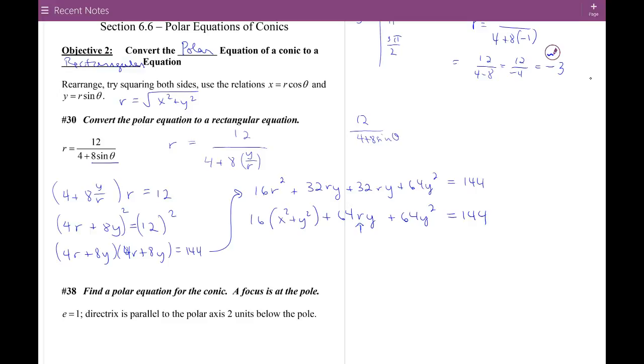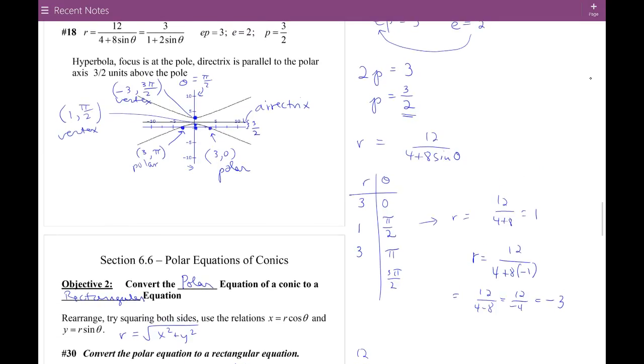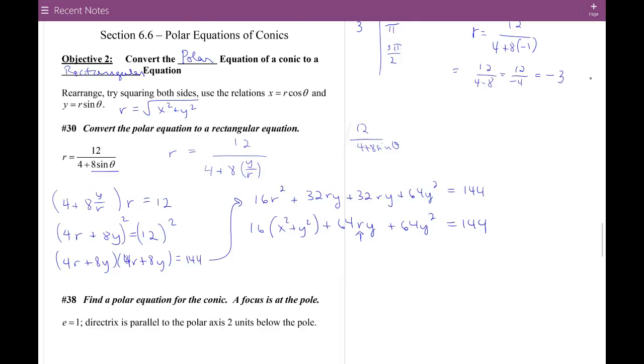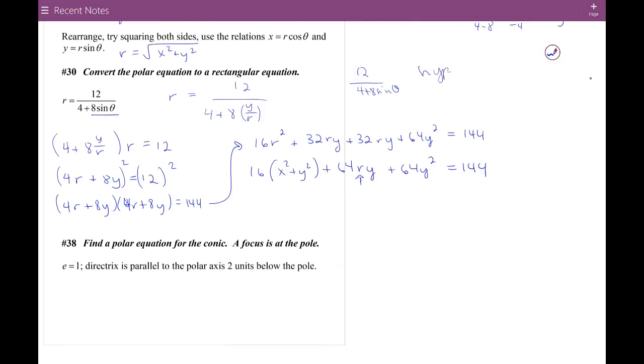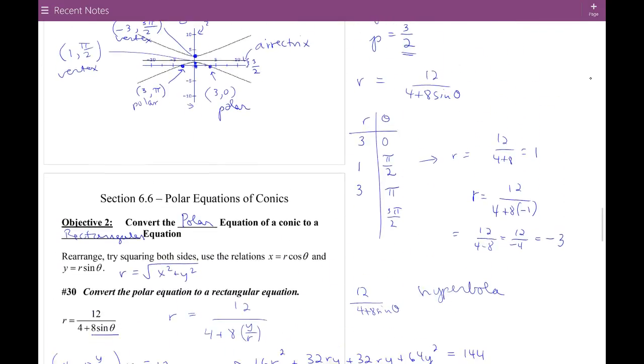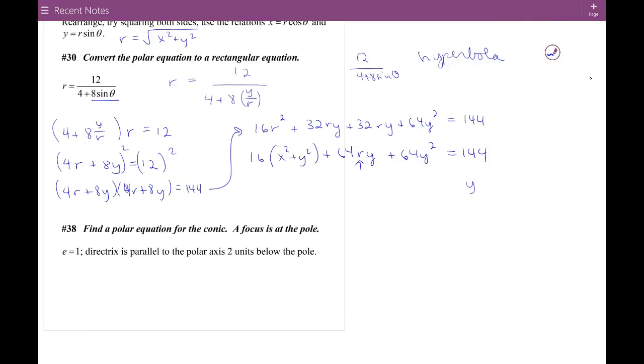Oh, that's the problem we just did. So we know it's a hyperbola, and it's opening up and down. So we know it ends up being a y minus something squared minus an x minus something squared equaling 1. But I'm not seeing right now how to get there, so we'll come back to that one.